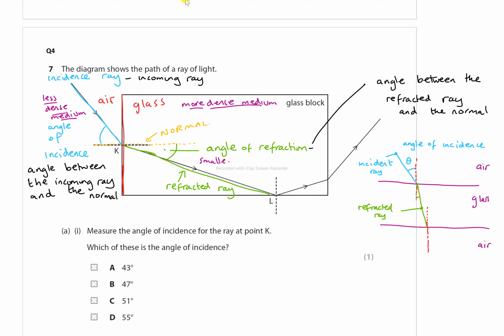It's called the refracted ray, and this angle here, I'll call that angle X, is the angle of refraction.